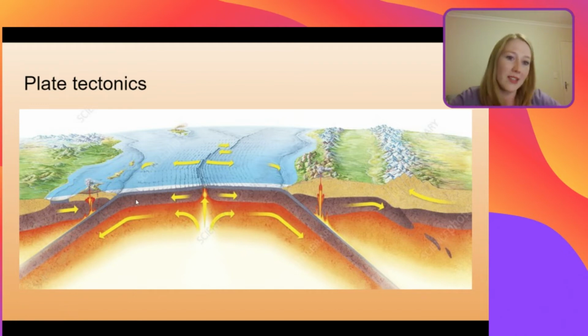Now, this is where the density matters. I mentioned that continental crust is basically light and fluffy, and oceanic crust is dense and thin and heavy. So where the continental crust over here meets the oceanic crust, they're being pushed together by the magma.